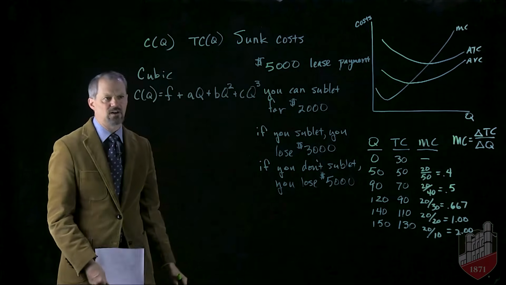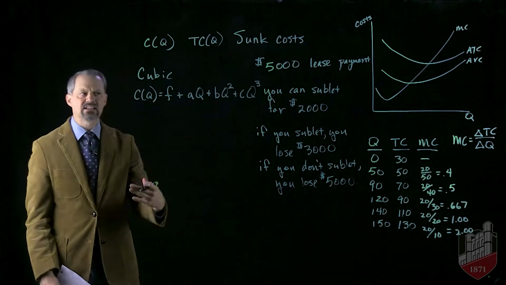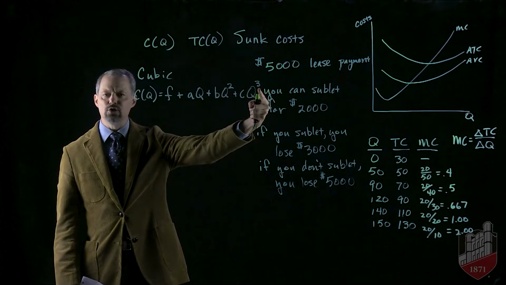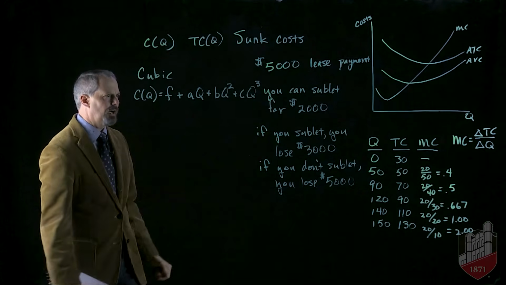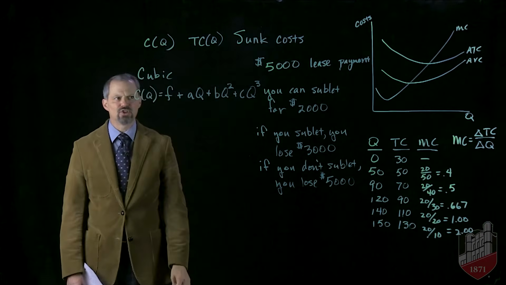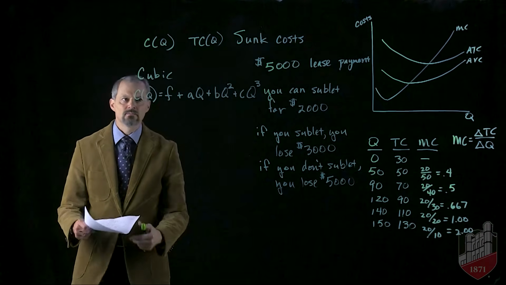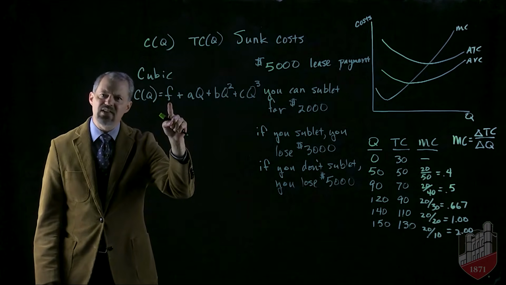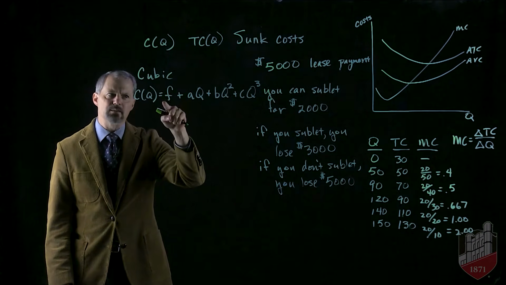That's a cubic function, meaning that the highest power in that function is a Q that has a power of 3. It's cubed. This we have called F because that would be our fixed cost. It doesn't depend on Q.